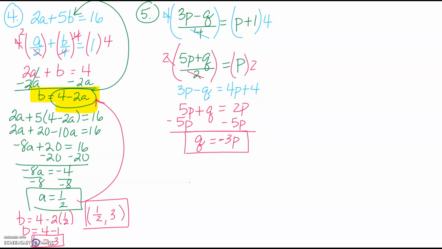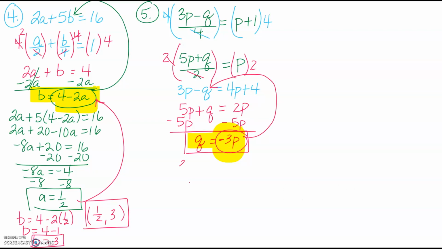Okay, I'm going to take q equals negative 3p, and I'm going to replace that in for this q in the other equation. You could have, in the blue equation here, got your like terms together first if you wanted to, but I'm going to go ahead and just replace it in first and then move it.